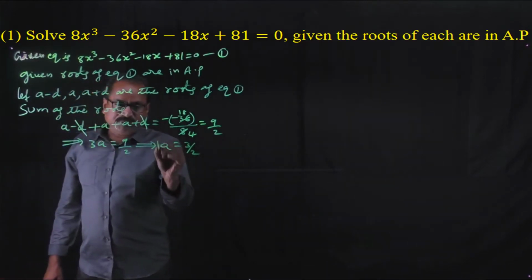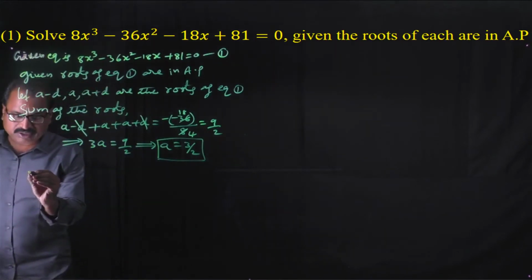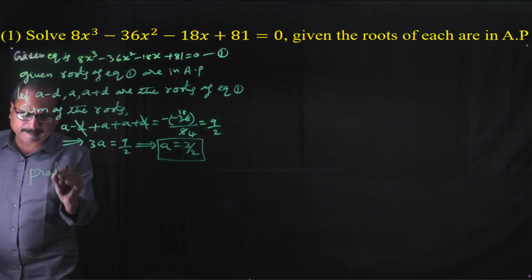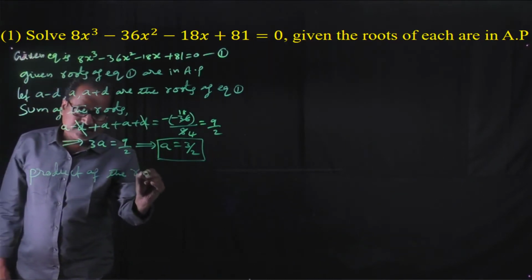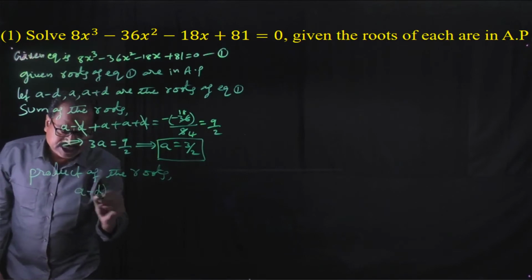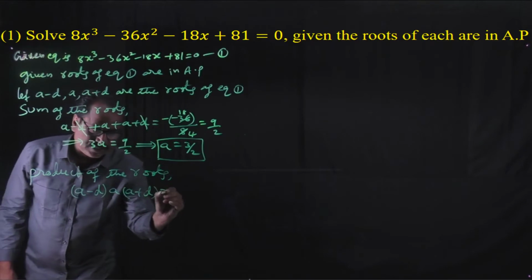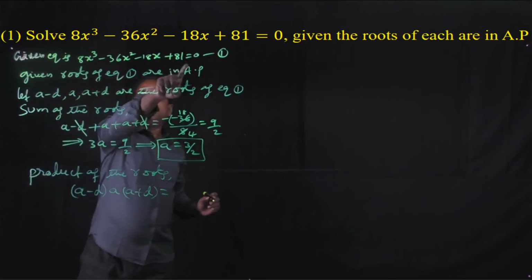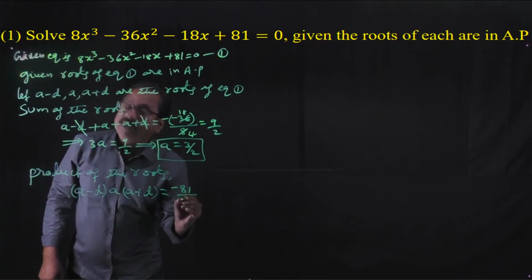Next, product of the roots. a minus d into a into a plus d is equal to minus a3 by a0, that is minus 81 by 8.